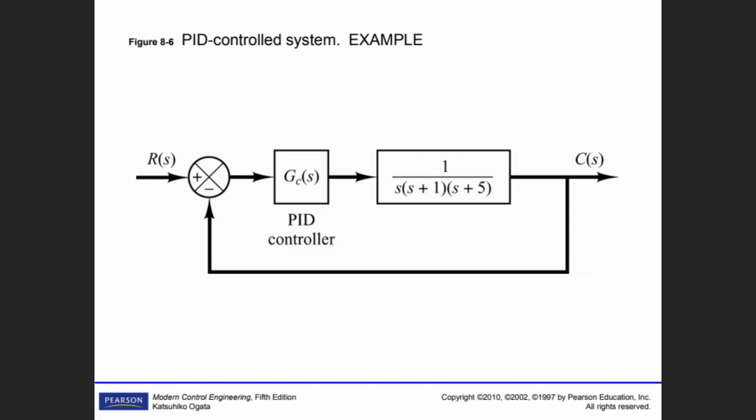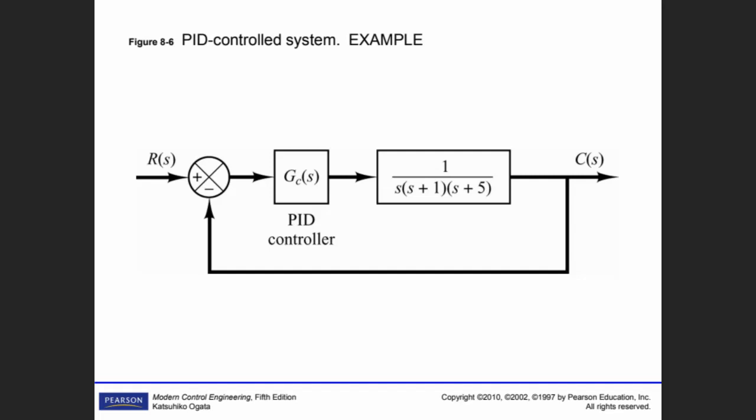Yes, let's continue. Now, this is the problem we are going to look at, and what are we going to do? This kind of system is most likely going to be oscillatory.